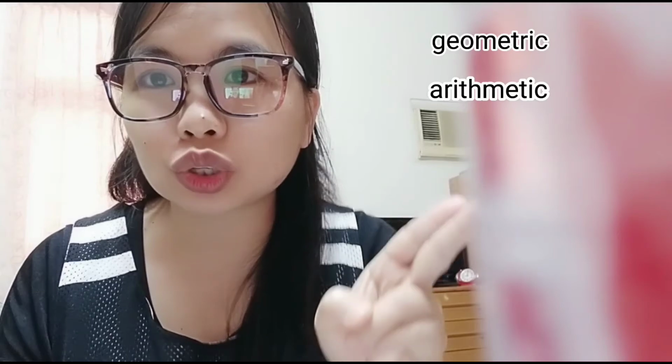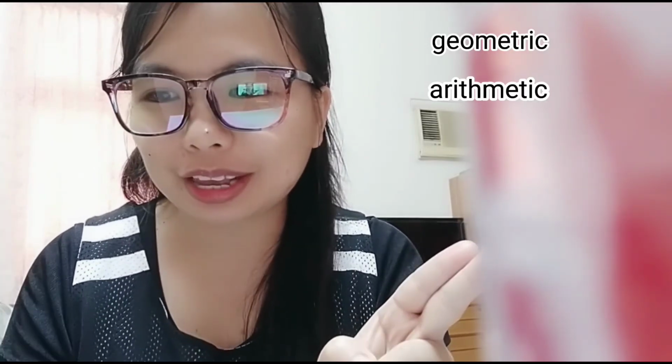If we say finding the nth term, then it's geometric, because it's all about the missing nth term of a sequence. But if we're looking for the sum of terms in a sequence, then it's arithmetic. Again, geometric is finding the nth term in a sequence, and finding the sum of terms in a sequence is arithmetic. Clear?